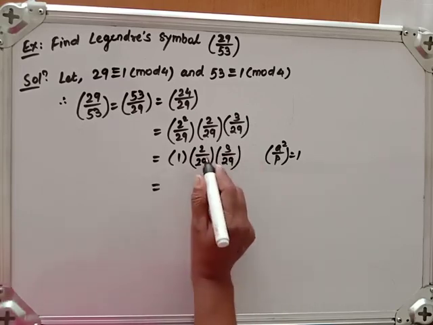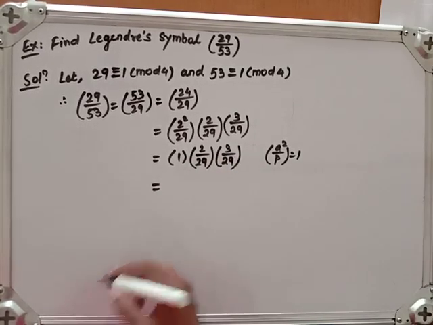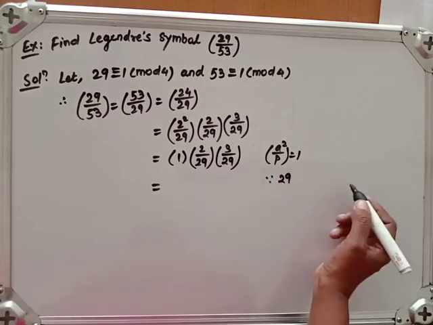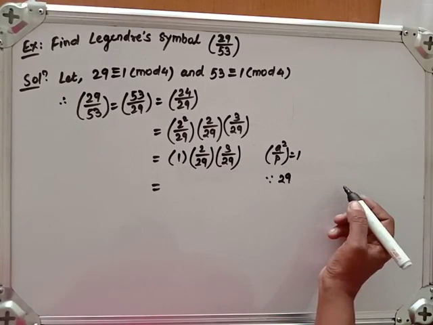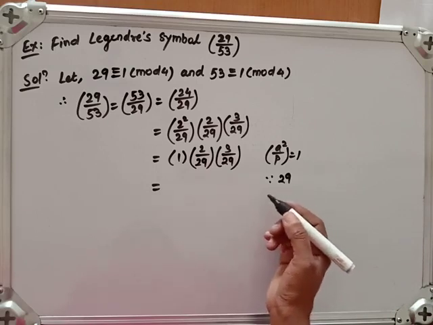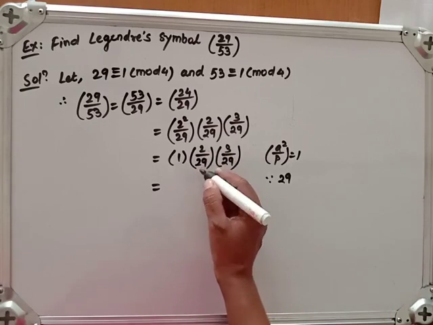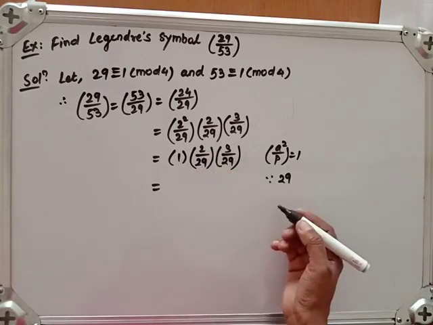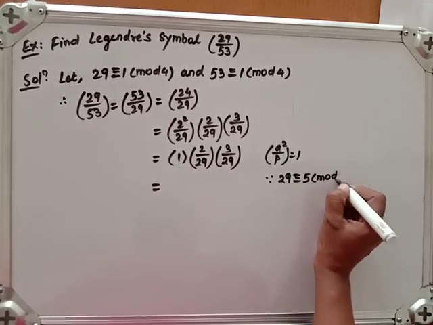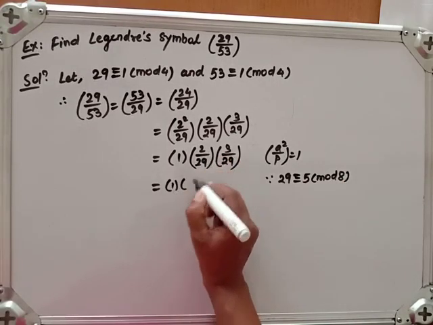For the Legendre symbol of 2 by 29, as we saw in the last theorem, if p is congruent to 1 or 7 modulo 8, then it is 1. But if p is congruent to 3 or 5 modulo 8, then the Legendre symbol of 2 by p is minus 1. So 29 is congruent to 5 modulo 8, that's why this part becomes minus 1.